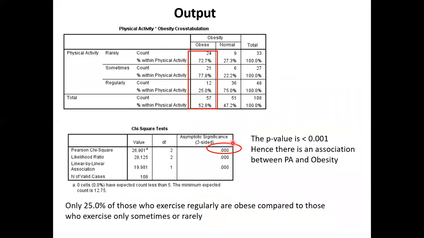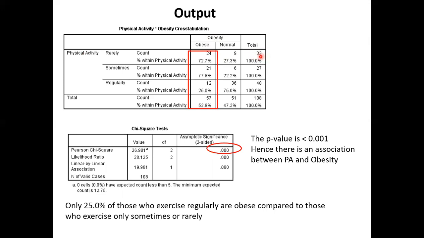What's my objective? The association between physical activity and obesity. For example, are those who are active less likely to be obese compared to those who are not? So this 33, what is 33 denoting?